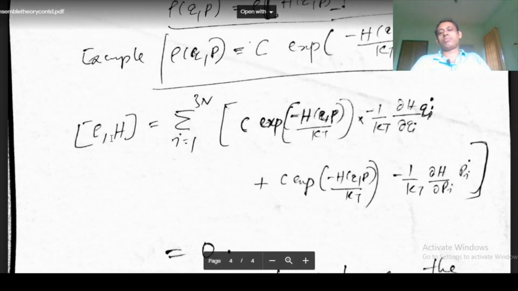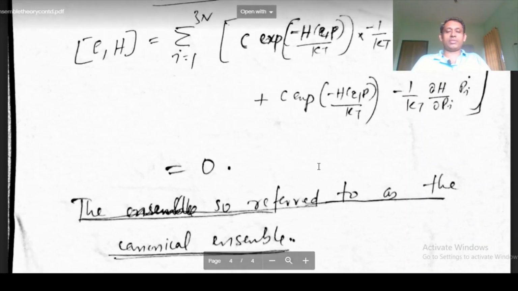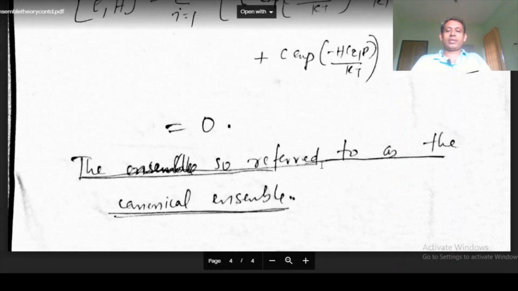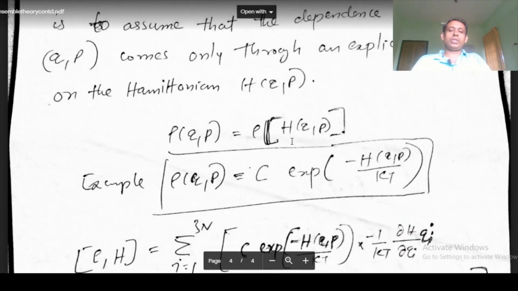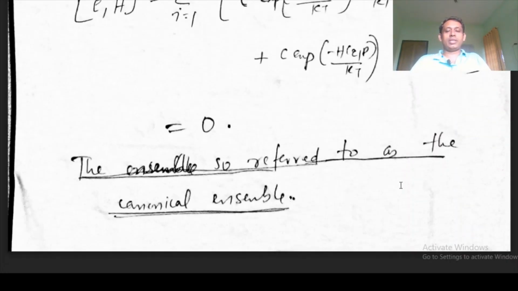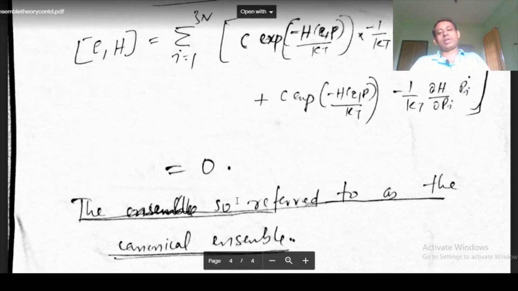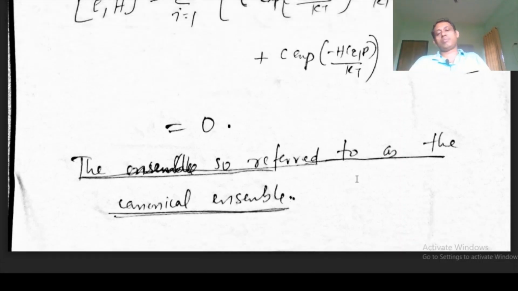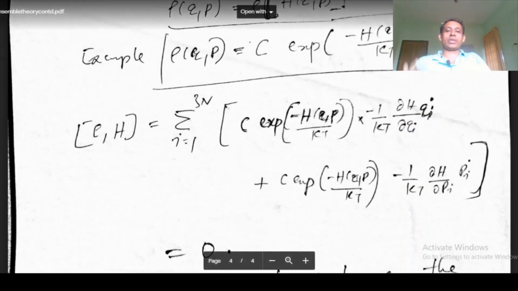The Poisson bracket of rho and h equal to 0 is satisfied. So if I take rho of qp as a constant c times exponential of minus h(q,p) by kT, then I get the Poisson bracket equal to 0. Such an ensemble is referred to as the canonical ensemble.